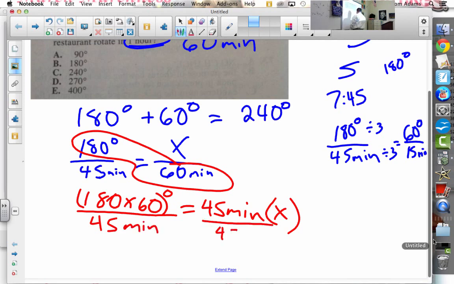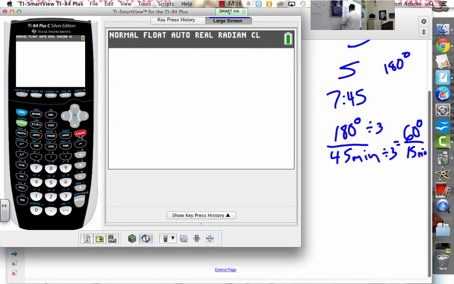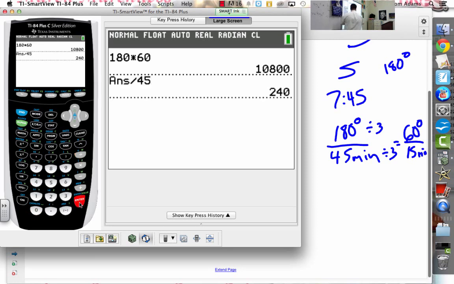Divide both sides by 45 minutes. And if I pull up my calculator and I say 180 times 60, I get a really big number, but now if I divide that by 45, I get 240.